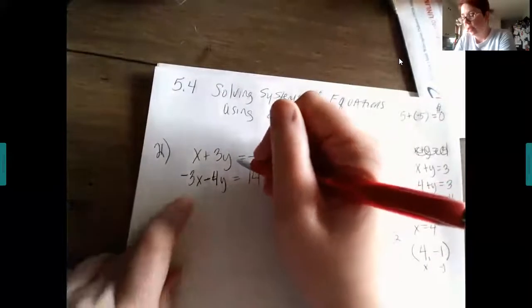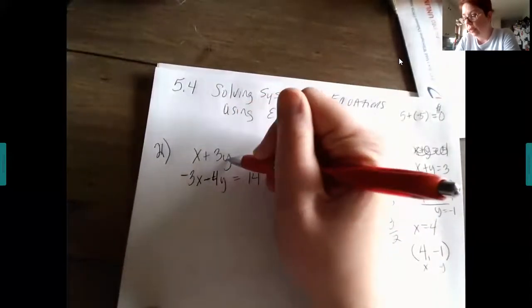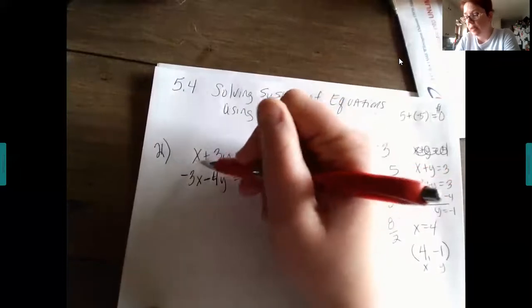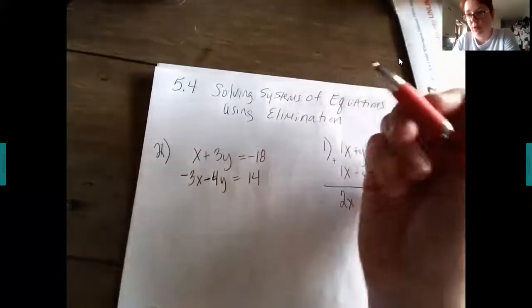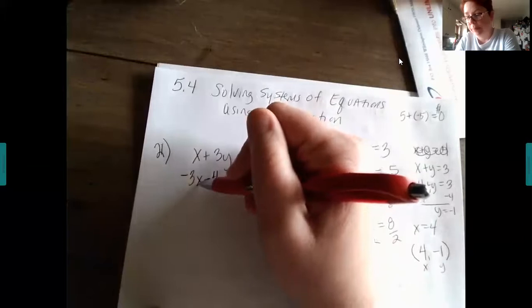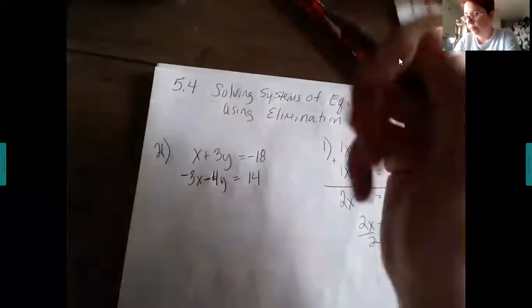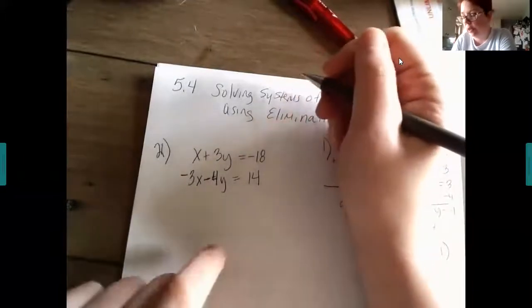So in this case, you want to look at your x's and y's and think, well, is there something I can do to change either the x or the y to make it an inverse of the other? Okay. So this just takes some time to think about it. Hopefully it won't take you much time.